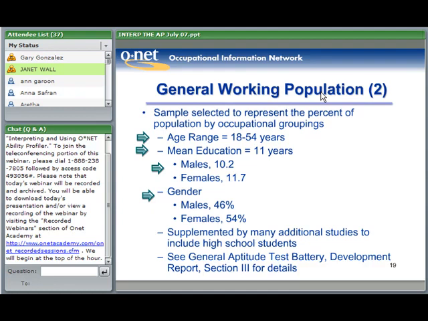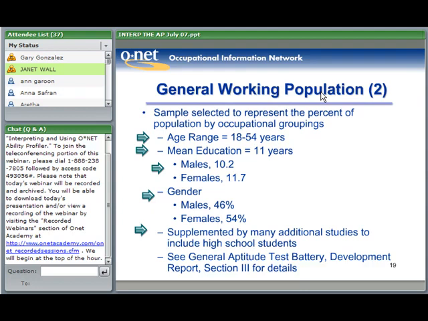But this information has also been supplemented by a number of additional studies that have been done subsequently, to include studies on high school students. So for those of you that were in the previous webinars, I mentioned that you have to be 16 years old or more in order to take the ability profiler.